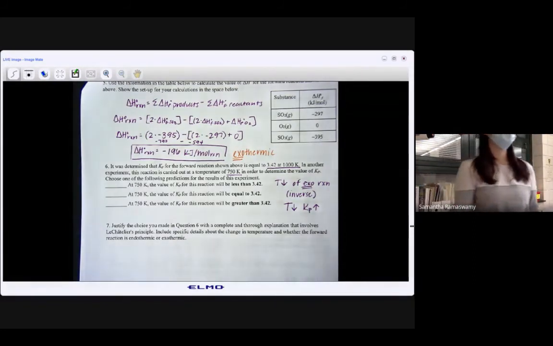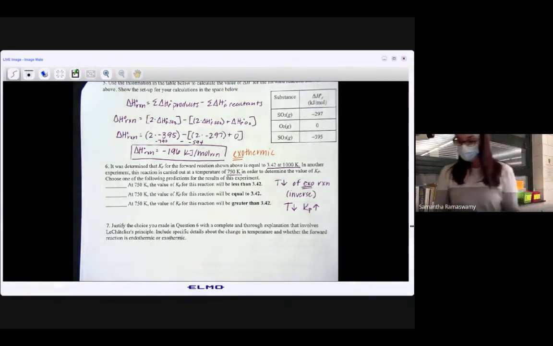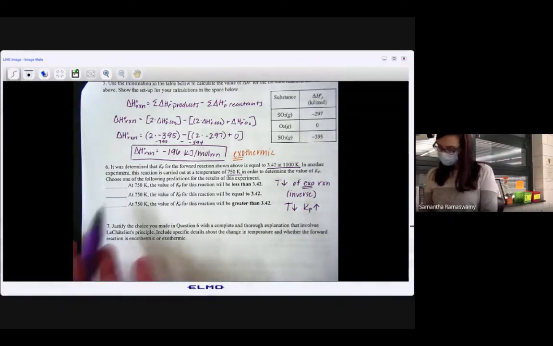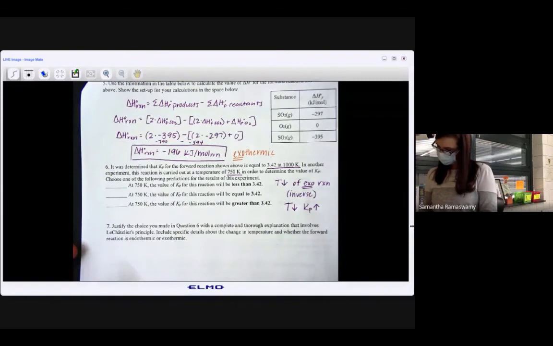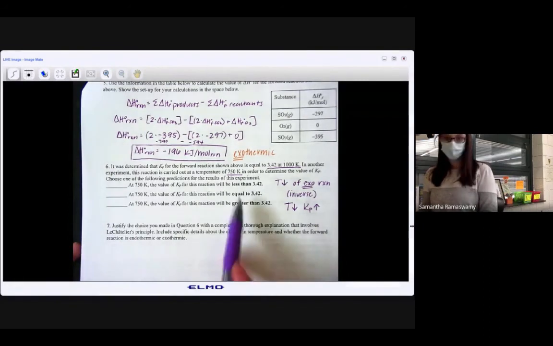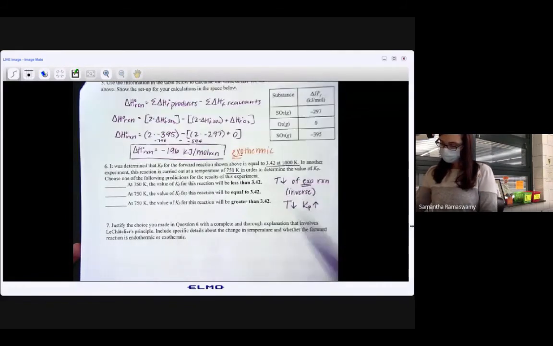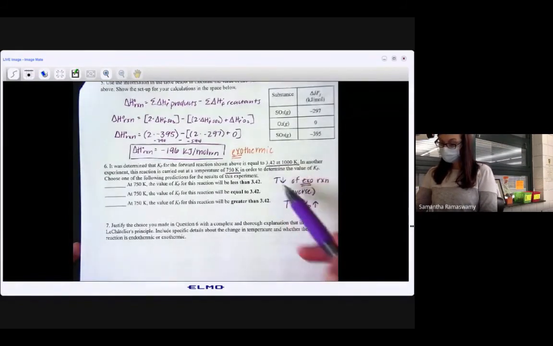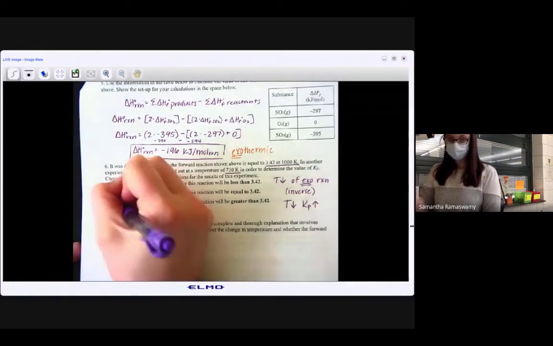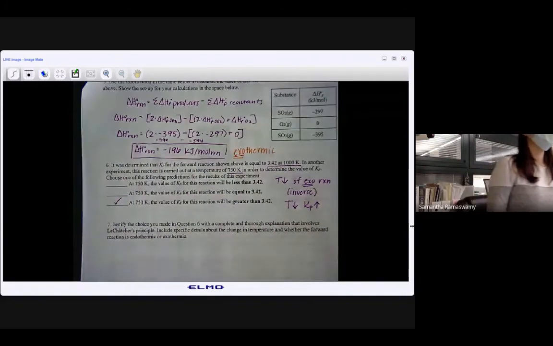So if temperature is going down, K is going up. So which of these should I check? The first, the second, or the third? We're looking at K is less than 3.42, equal to 3.42, or greater than 3.42. That's at 1,000 Kelvin. If temperature is going down, K should increase. So we should check the third one.